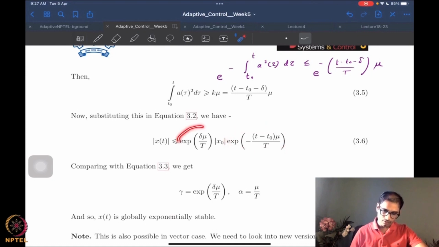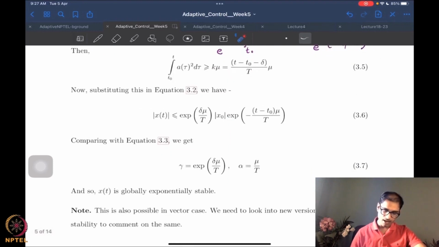So this starts to look like a gamma, and this starts to look like an alpha, and I have the very established exponential stability definition coming out here. Pretty straightforward, right? I have the standard exponential stability definition coming out here, with this gamma and with this alpha.